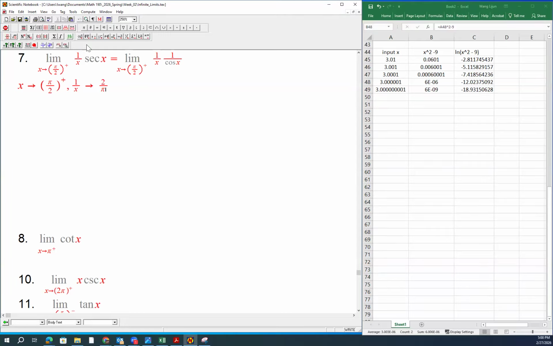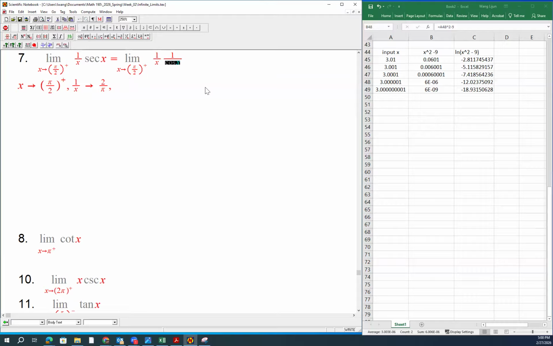No matter what, pi is a constant, 2 over pi is a constant. So that part is a constant. We don't have any issue in the dynamic process when x approaches pi over 2 from larger than pi over 2.